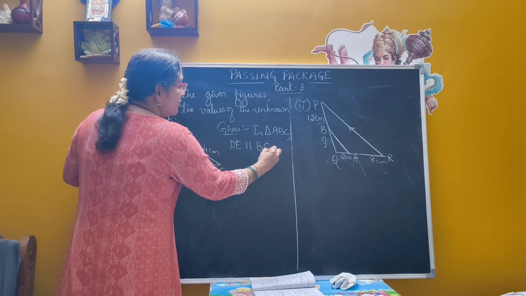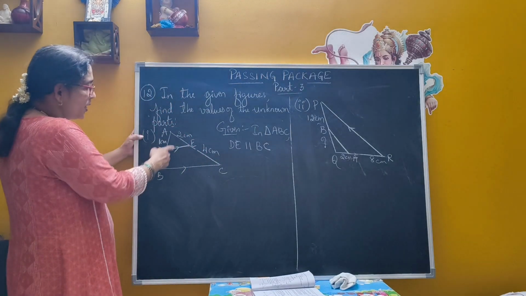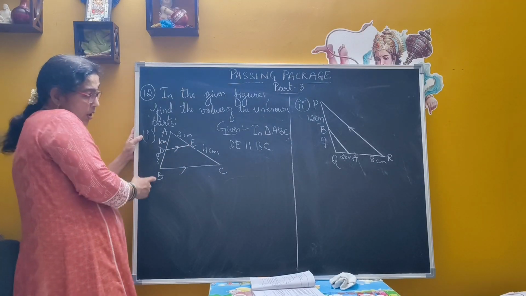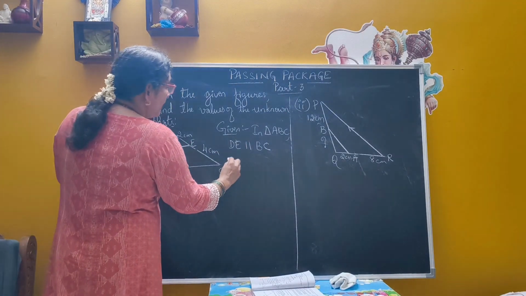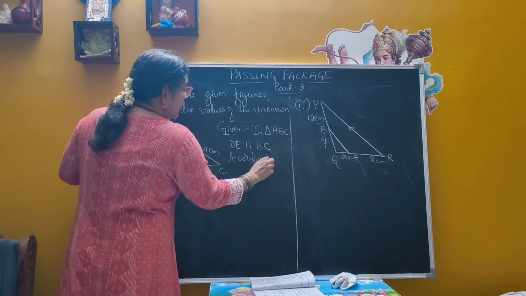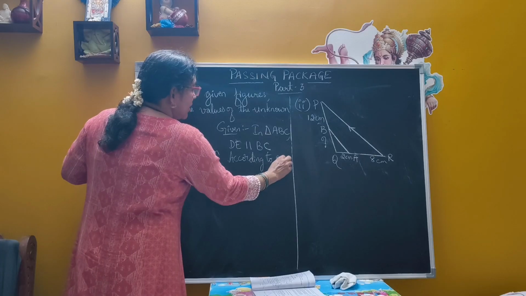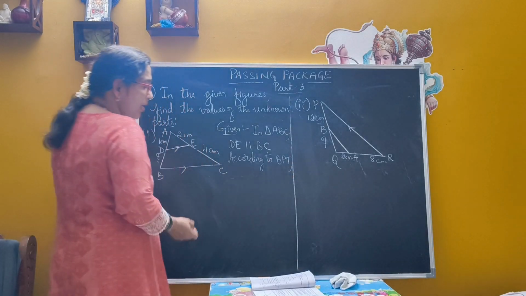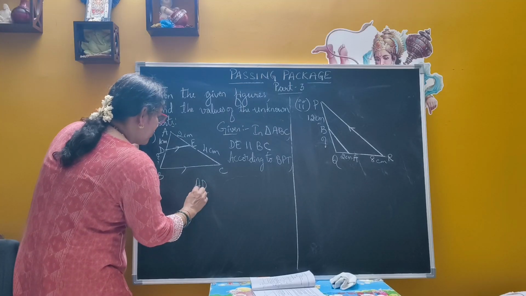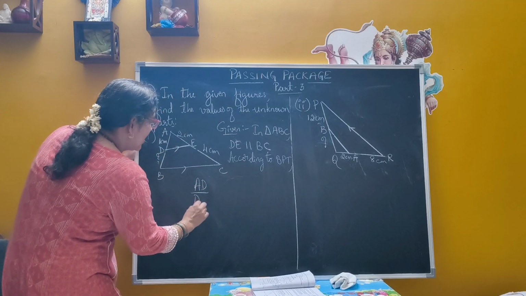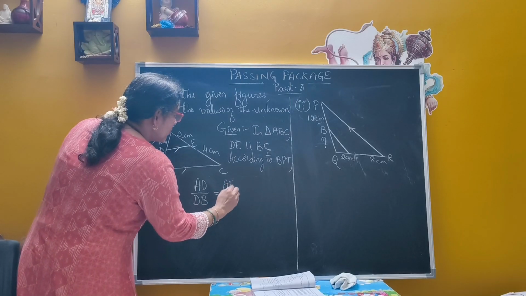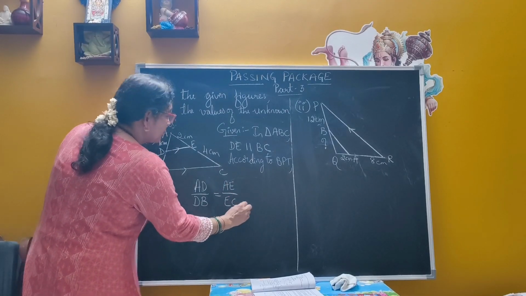Okay, so sides which are given here: AD, AE and EC, and the unknown is DB. So according to BPT, this basic proportionality theorem or Thales theorem, we write AD by DB is equal to AE by EC.